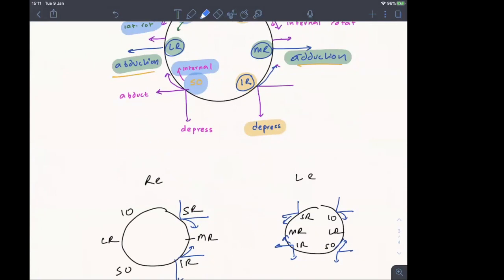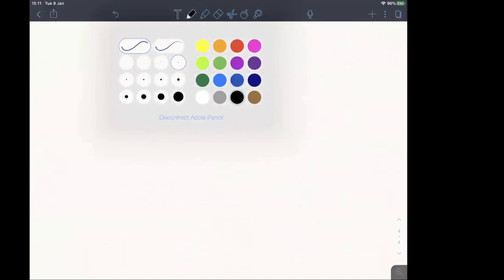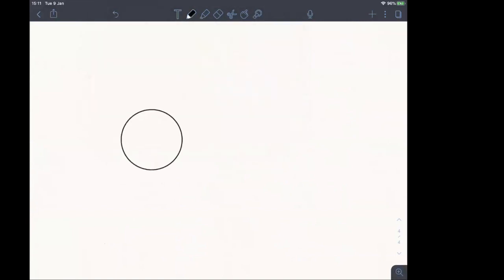Now, how does the brain control these actions? So again, let's look at the eye, and let's look at the actions. Okay. Now, here we have all these muscles, but there are only 3 nerves that are controlling these muscles.